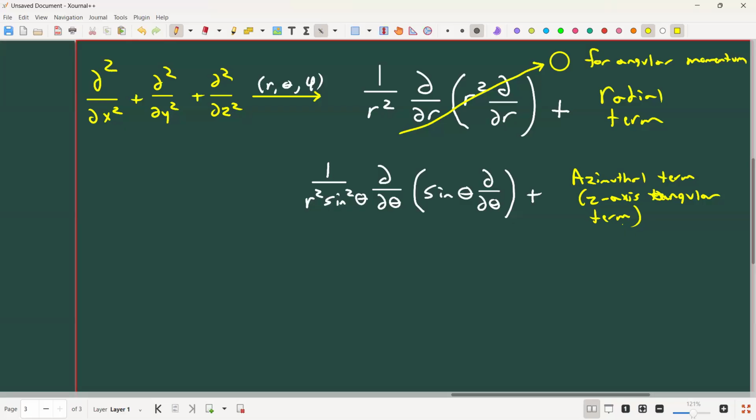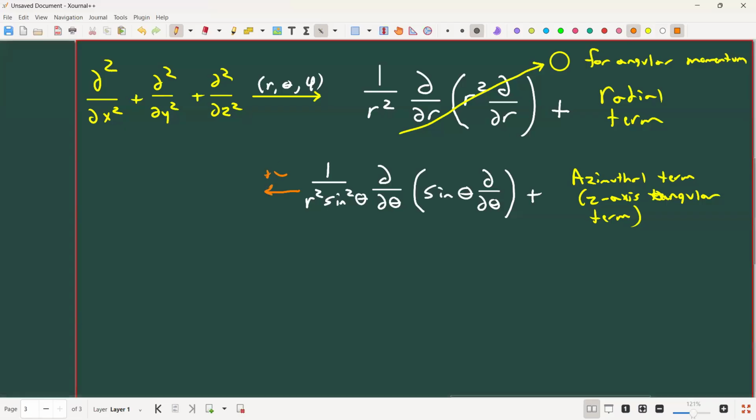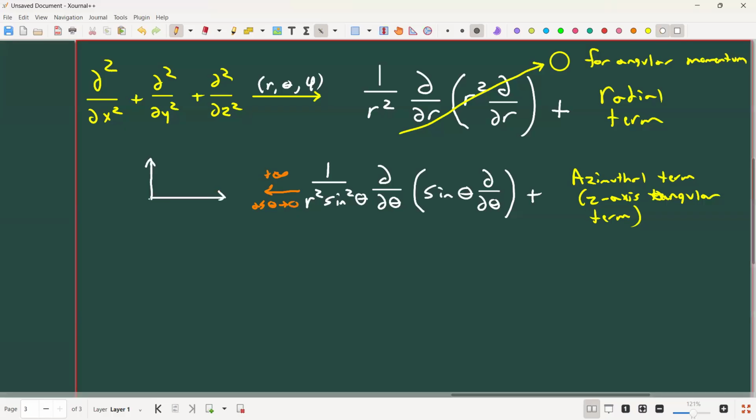So if this goes to infinity, we'll write this here. This goes to plus infinity as theta goes to 0. And what that's telling me is that the electron does not want to be right here directly on the z-axis, or what we call a gimbal lock, where it can no longer rotate around the z-axis because it's on the z-axis.